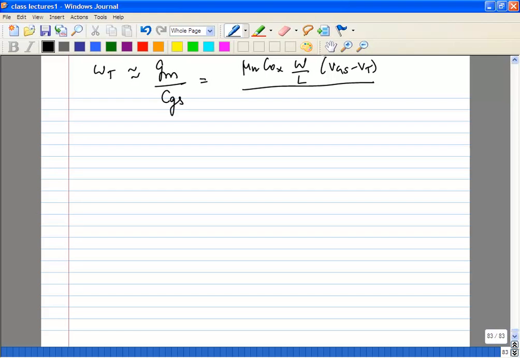Mu Cox W over L times (VGS minus VT). And what is CGS? 2/3 WL Cox. Right? So omega t is 3/2 times mu n (VGS minus VT) over L squared.